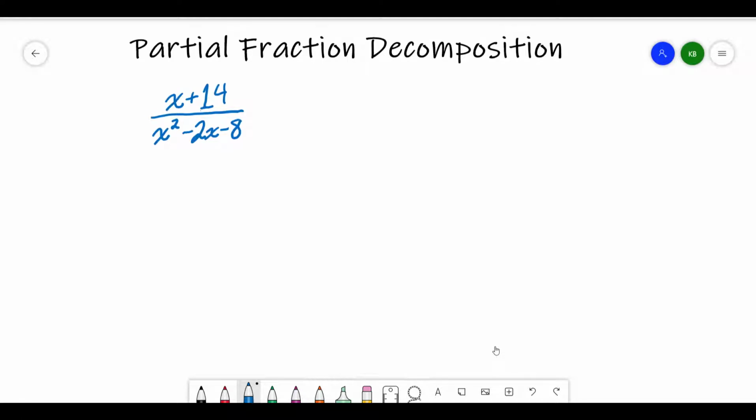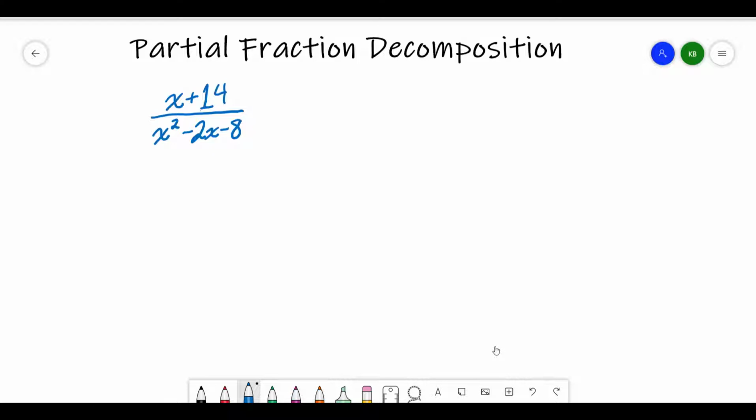In order to review some algebra all in one example, I'm going to go through an example of a partial fraction decomposition. Let's take a look at the example of x plus 14 divided by the quantity x squared minus 2x minus 8.